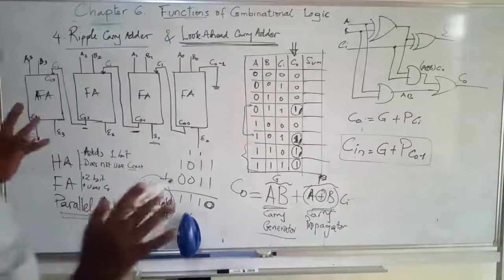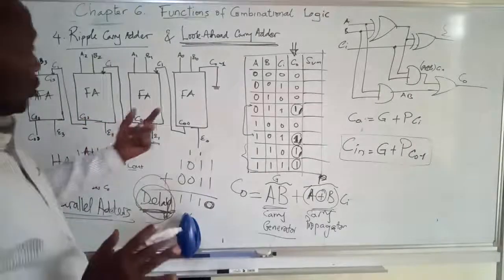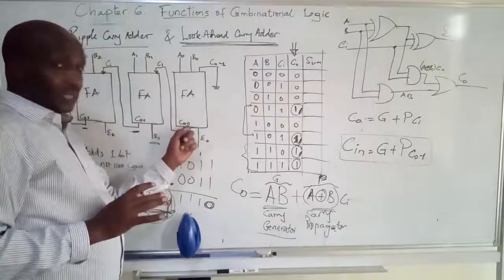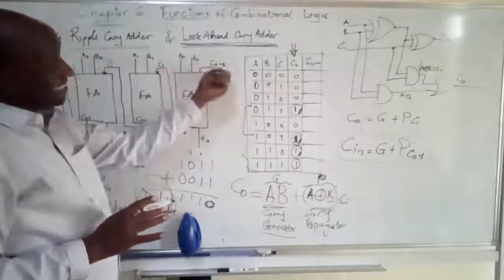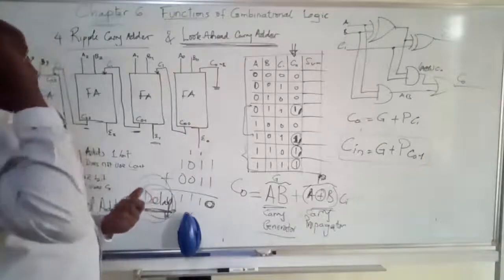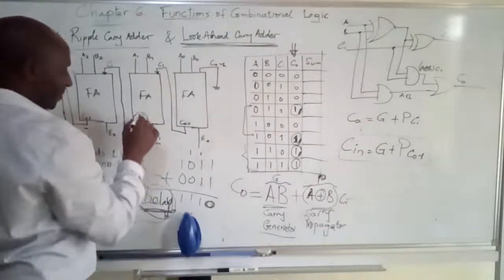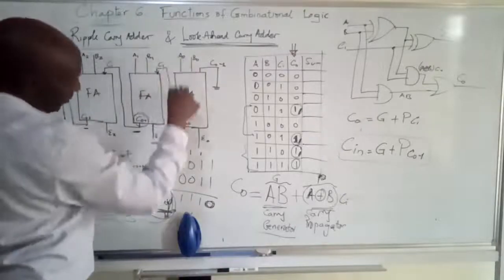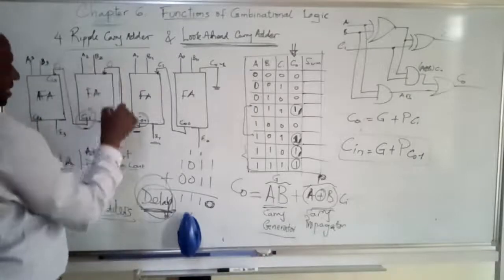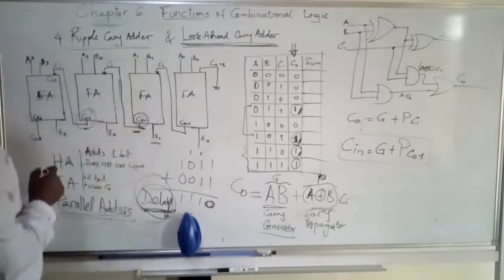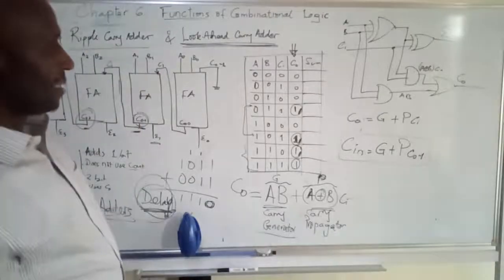So dear friends, try to understand. To get a C out, it depends on the summation and the C in of the previous adder. To get a C out here, it depends on the C in of the previous. To get a C out here, it depends on the C in of the previous. It's okay? Previous.